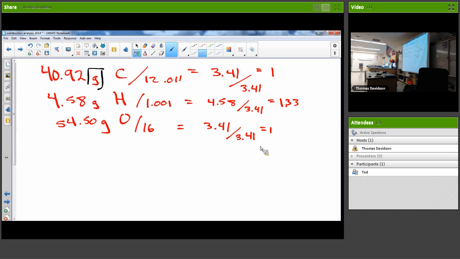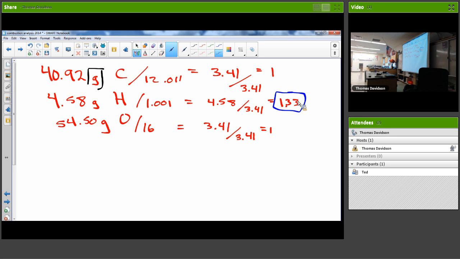Okay. The wrinkle is what to do when these are not all whole numbers, because they have to be. I can't put a 1.33 as my subscript, so this is what we do. It's pretty simple. If one of them is not a whole number, you have to multiply it by some number to make it a whole number. So, how do you make 1.33 a whole number?